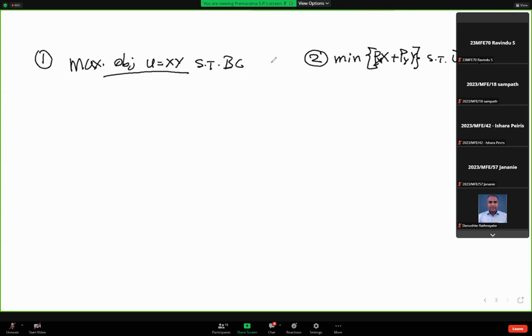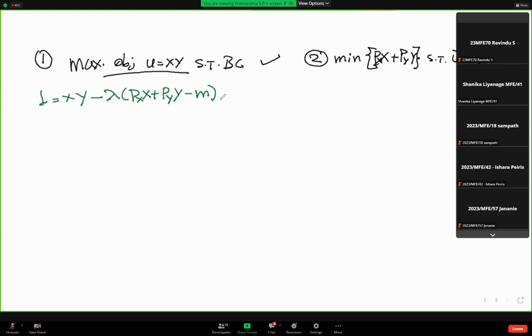Now, if you take the utility maximization, we did the Lagrangian of x, y. We already did this last time, and today also I did.